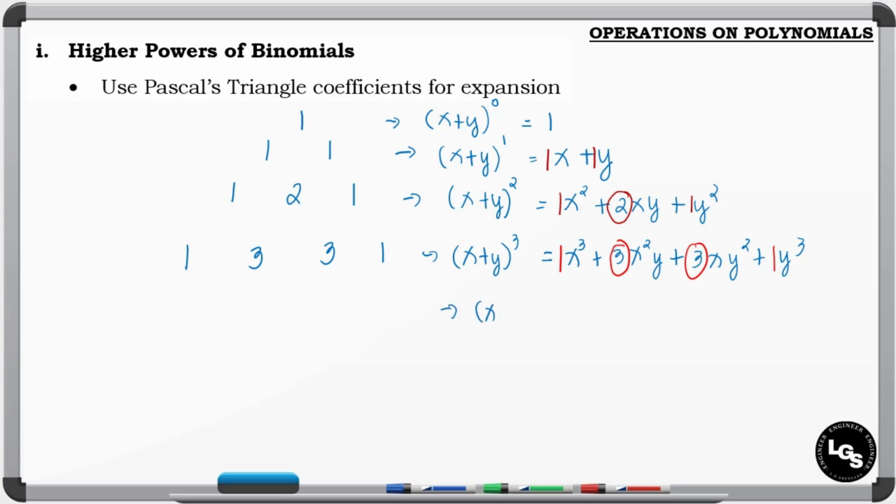So if we have x plus y raised to 4, so our coefficient will be 1. So 1 plus 3, that is 4. 3 plus 3, that is 6. 3 plus 1, that is 4. Then we bring down 1.